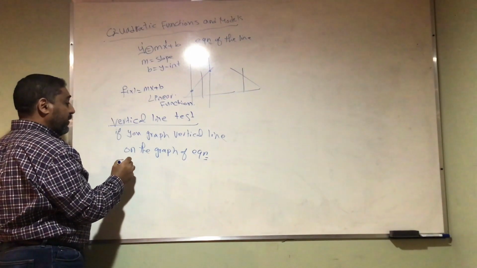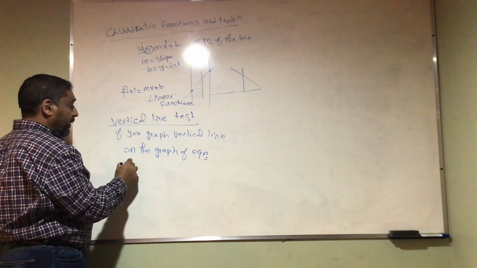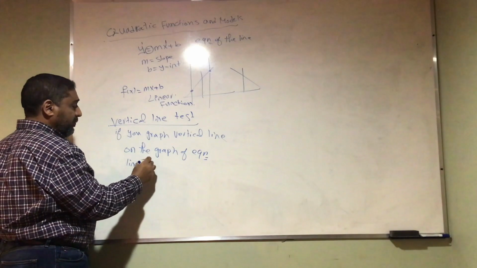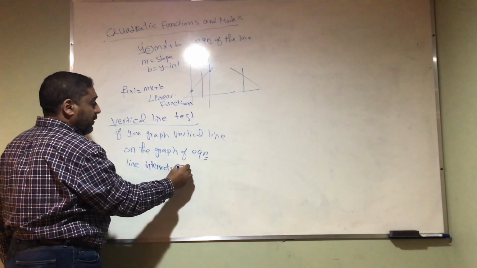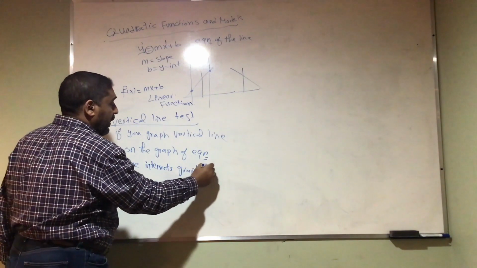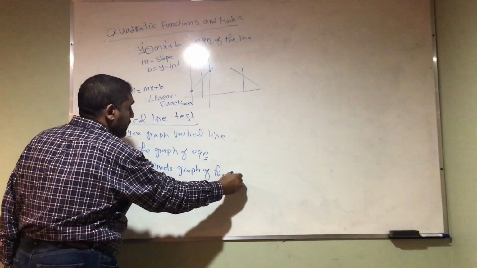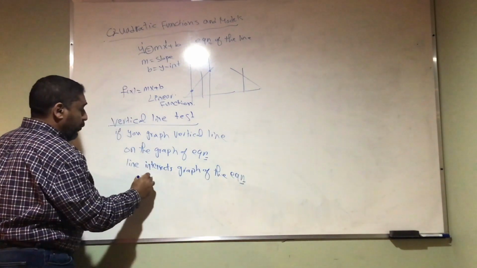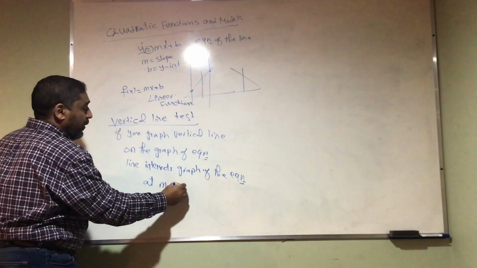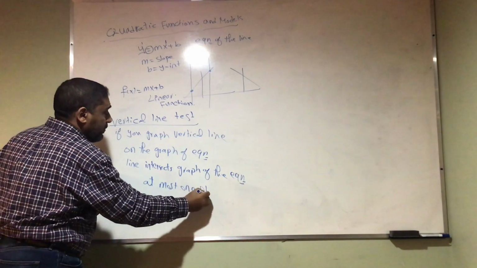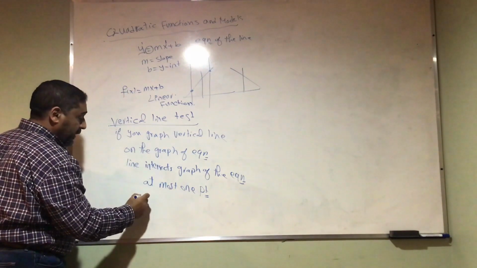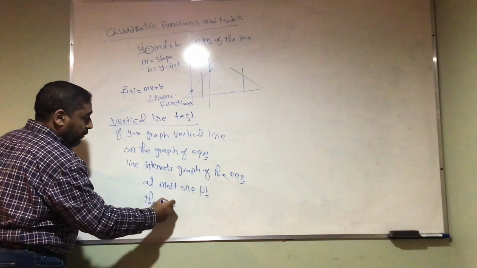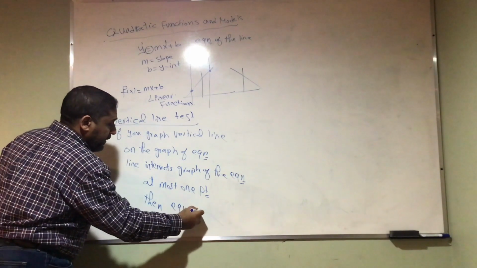If it turns out the line intersects the graph of the equation at most one point, then we say the equation is a function.